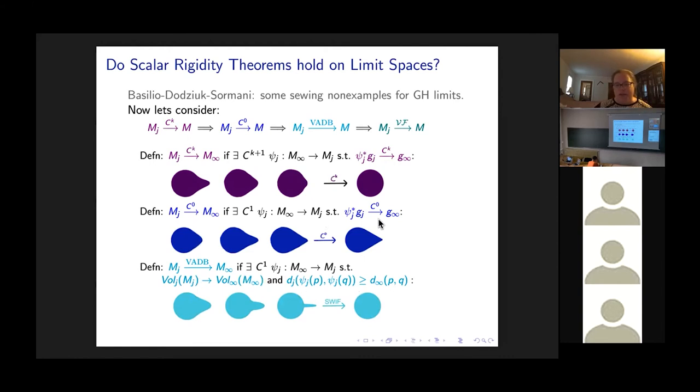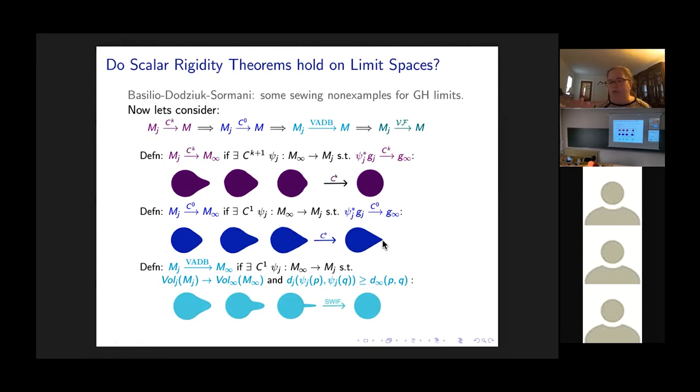Now, despite the fact that it is not immediately obvious that anything should work under C0 convergence, Gromov has proofs and Bamler has proofs, and Burkhard Wilking, who's speaking next week, has theorems about scalar curvature properties persisting under C0 convergence if you assume the limit is also smooth. So they forbid that there's a corner.